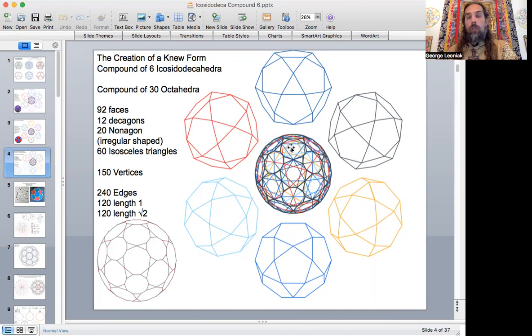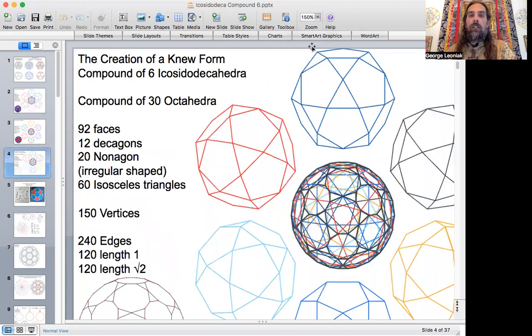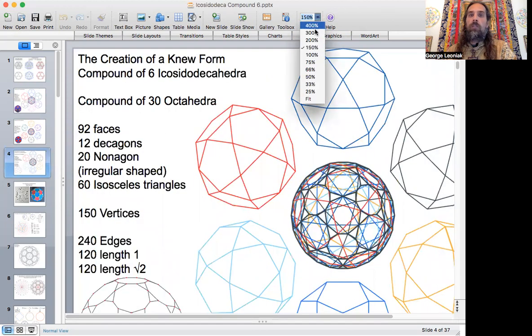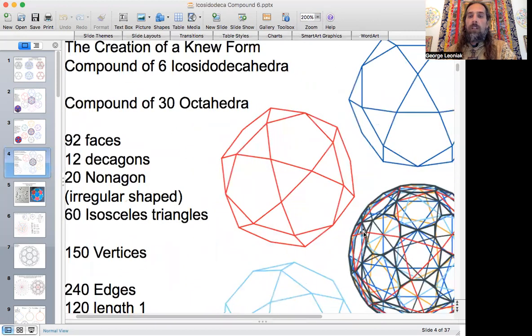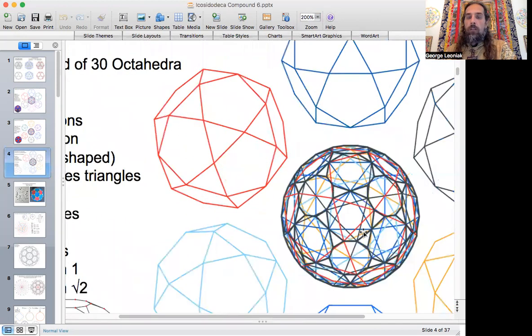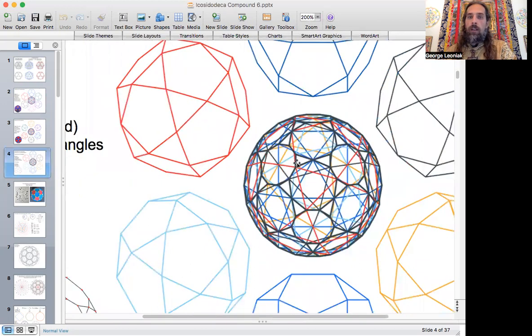And the crisscross of lines, basically what's happening here, I'll zoom in on this so you can take a closer look at the face. Let's go to 200%. And the colors that are crisscrossing. So here's a decagon face.